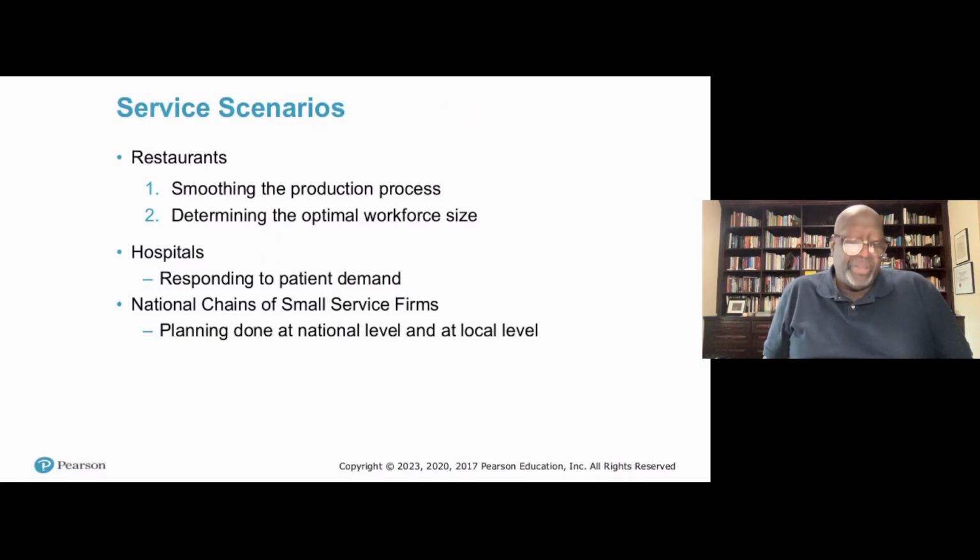In restaurants, for example, smoothing the production process and determining the optimal workforce size. Restaurants can be quite tricky. You have very slow periods, and then sometimes you have crazy periods, like on a Friday evening when most people like to eat out. Clearly, this is a case where the restaurateur may have to use part-time employees, such as servers.